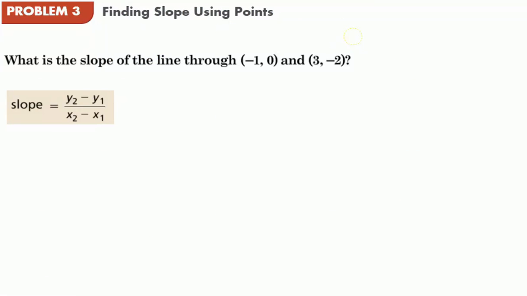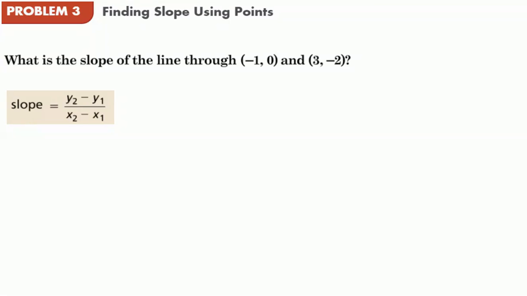So here we're going to be finding the slope using points. So there is no graph. What is the slope of a line through (-1, 0) and (3, -2)? So notice that I've already put the slope formula, which is y2 minus y1 over x2 minus x1.